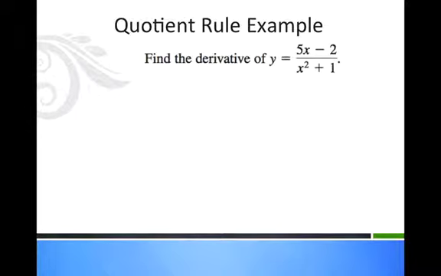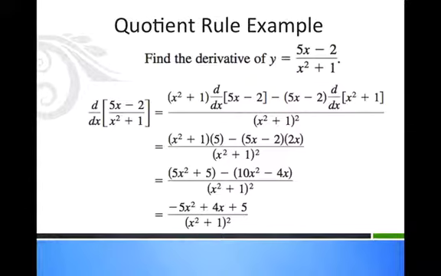Okay, so using our formula, we're going to have the bottom function times the derivative of the top minus the top times the derivative of the bottom, all over the bottom squared. And again, you just simplify. The derivative of this just becomes 5. The derivative of this is 2x. You multiply it out. And then you can simplify the numerator and get a function like this.